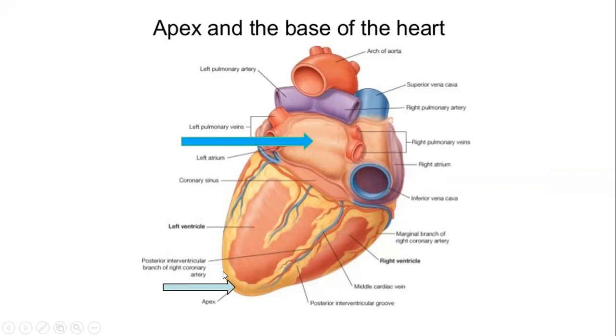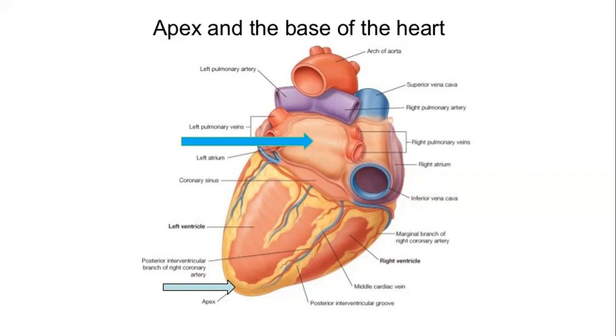And it is formed by the left ventricle. So where is it directed? It is directed inferiorly and laterally and formed mainly by the left ventricle. It can be located on the external surface of the thoracic cage at the left fifth intercostal space in adults.